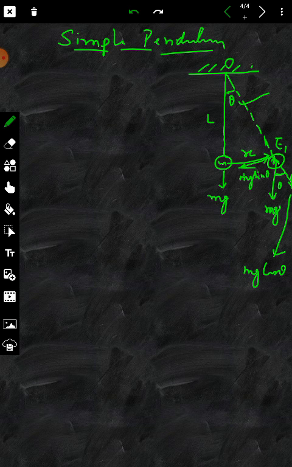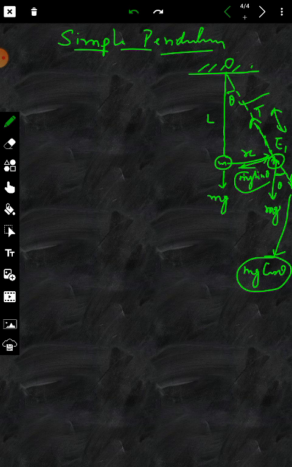Because there is no motion along the length of the string, this force is balanced by the tension produced in the string, which always acts towards the point of suspension.